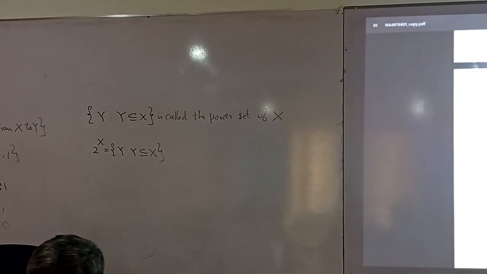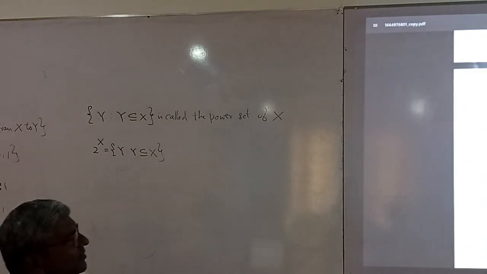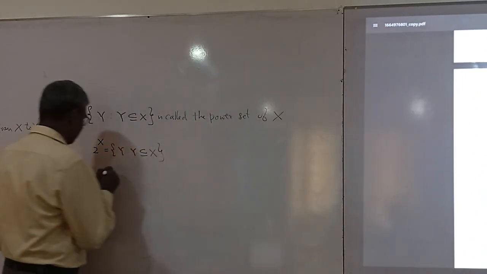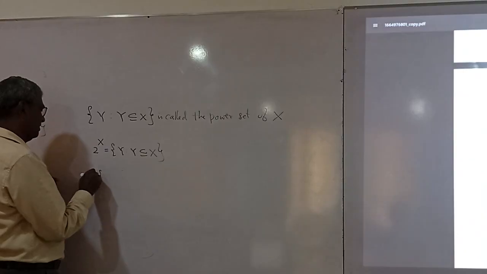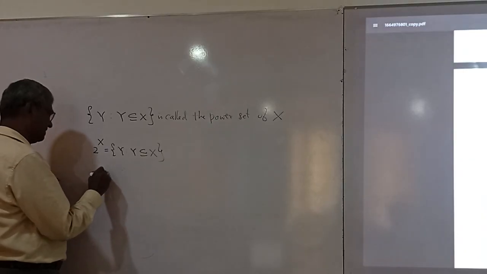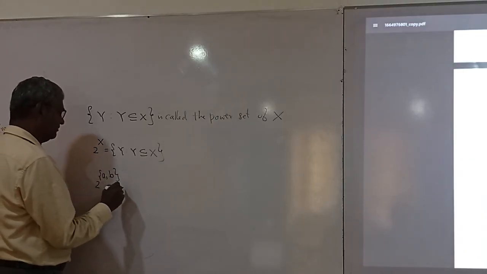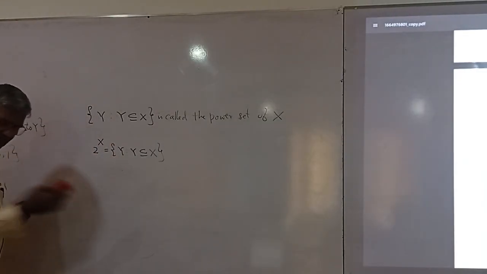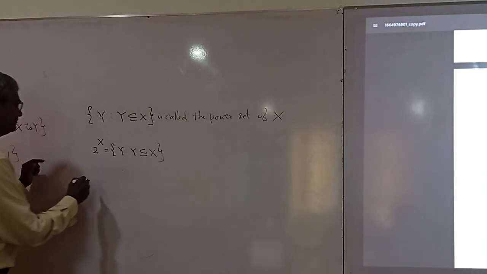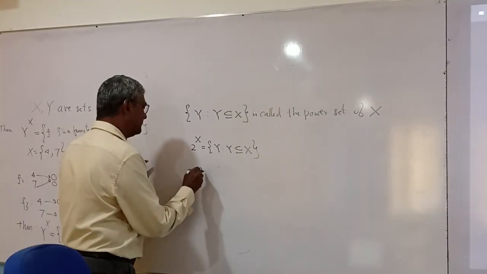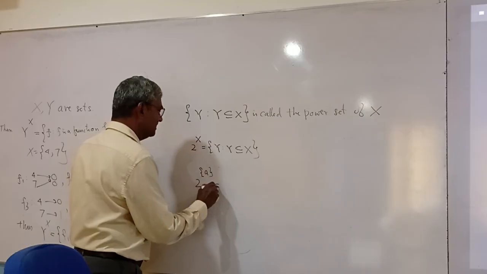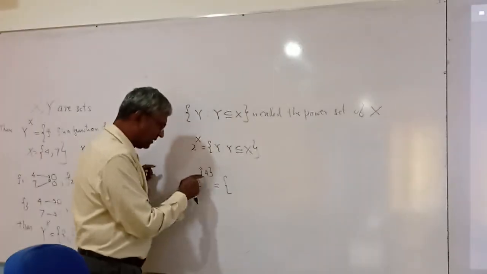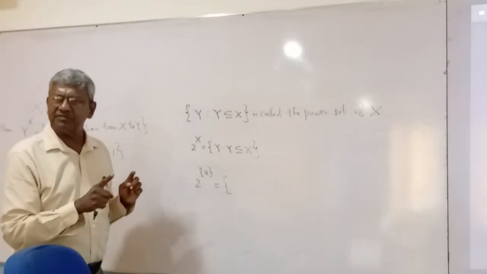For instance, if A, B, C are different objects, this is important. Let's do 2 to the singleton A. If A is an object, 2 to the singleton A is the set of subsets of singleton A. What are the subsets of singleton A?